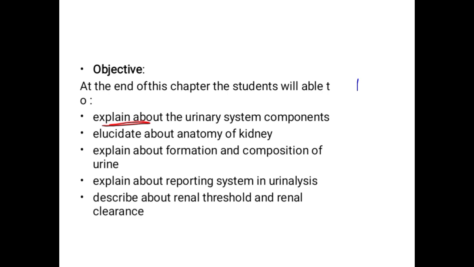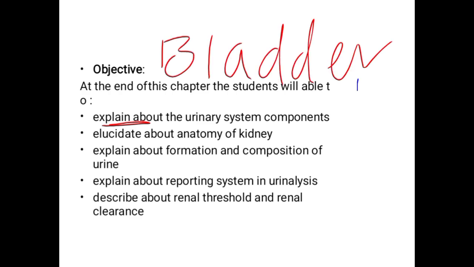The urinary bladder is a hollow muscular organ that stores urine until it is ready to be excreted, and it can expand and contract depending on the urine volume. Don't forget.